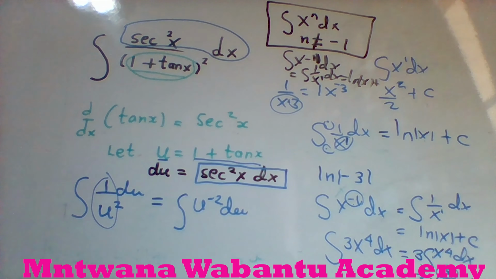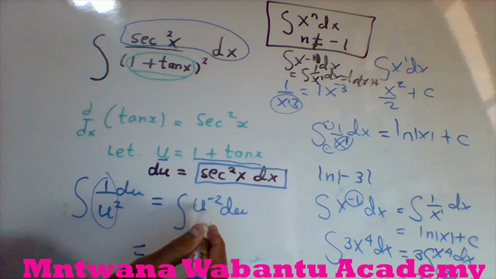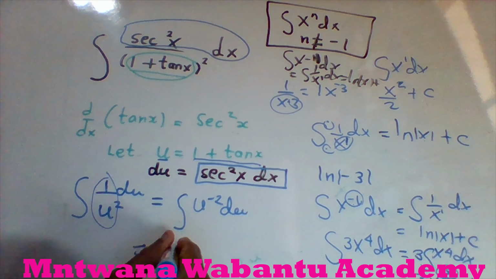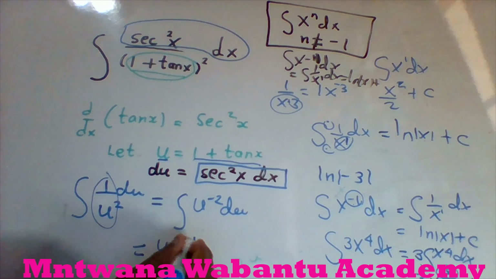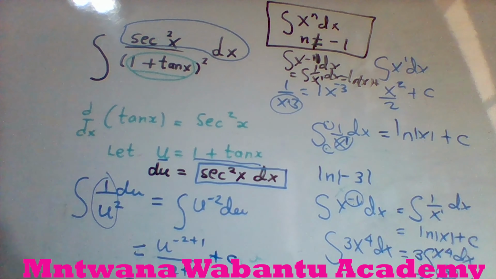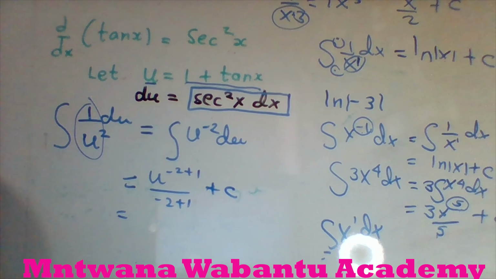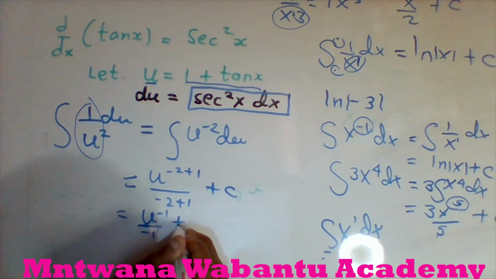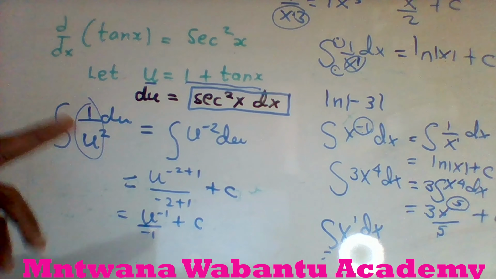For this case, because we reciprocate and it's not negative 1, we add 1 to negative 2, giving negative 2 plus 1, and then we add our constant c. So finally we have u power negative 1 over negative 1 plus c. We have already integrated, so you don't integrate twice.